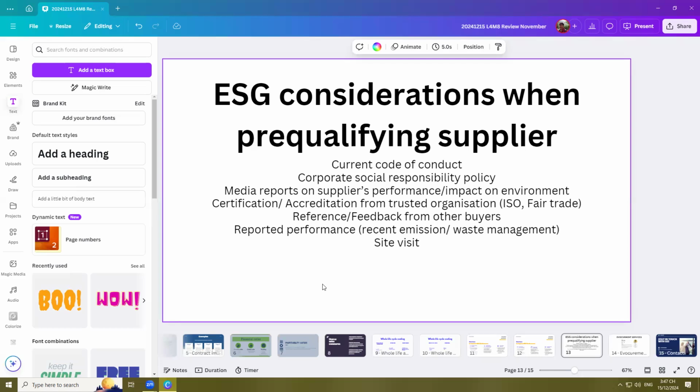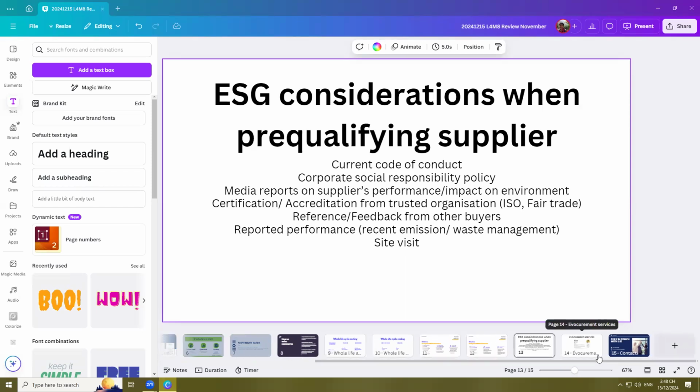Okay, so there are a few ways to pre-qualify a supplier based on the questionnaire or based on our own investigation, especially before deciding to invite them into the tendering. Okay, so there are the four questions from L4M8, and although we could not collect the very exact information, at least I try my best to convey how to solve this question.